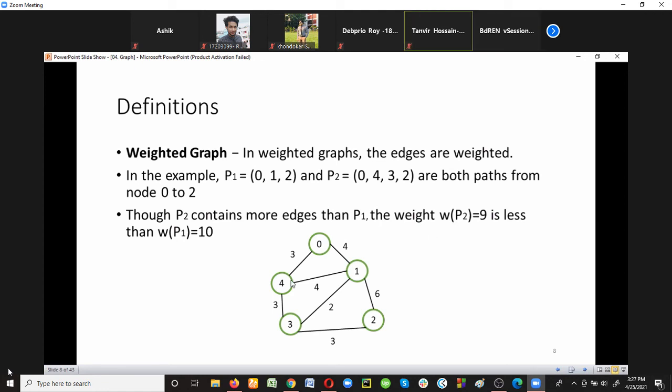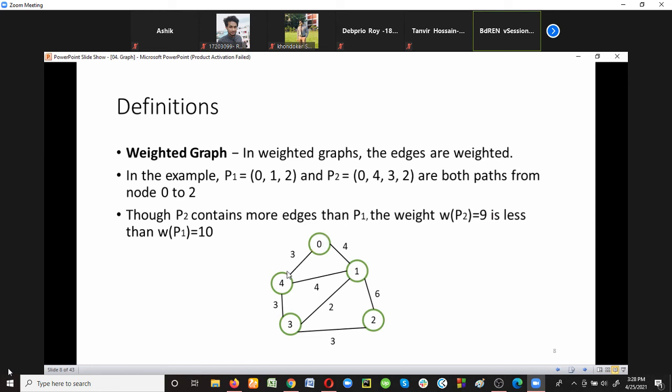So this is an undirected graph. And now, suppose we want to find out what is the degree of 0. Then how can we find it? Yes, the degree of 0 is 2. So we just have to find out with how many other nodes this node 0 is connected, or how many edges contain that node 0.